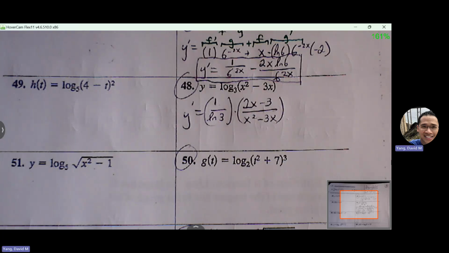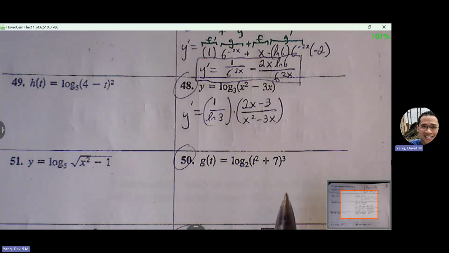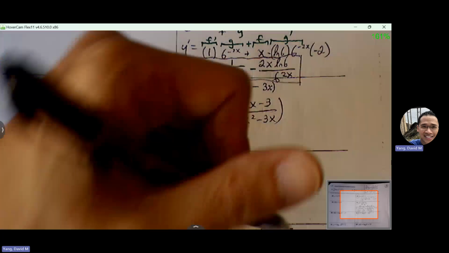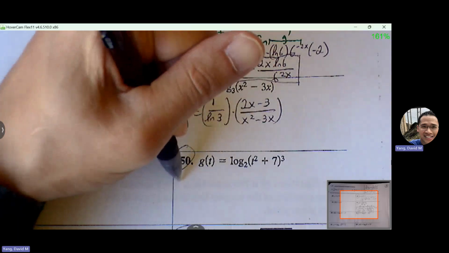Okay, these next few problems, our log expression is looking more complicated. So we want to take advantage of expansion, right? What can we do with 50 before we do our derivative rule? Bring that 3 down, right? It'll be a lot cleaner if that exponent can come down.